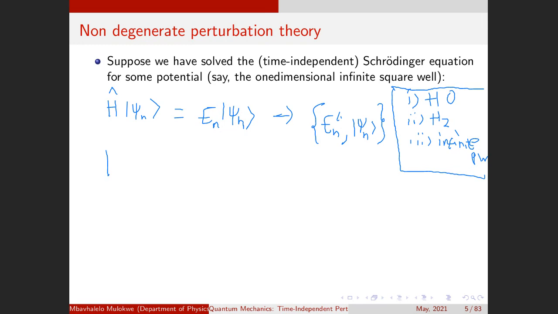However, there is a large class of problems where the total Hamiltonian can be written as H0, unperturbed, plus some perturbation, where H0 we can solve exactly. So we can write the Schrodinger equation for H0 and solve it exactly, H0 psi_n0 = E_n0 psi_n0.